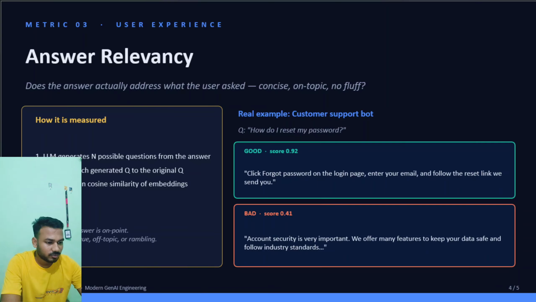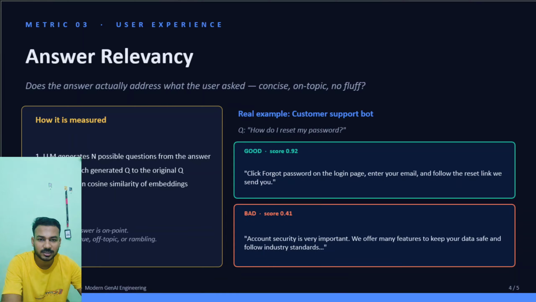The answer provided by the LLM may be correct, but it is not addressing what I asked. So here answer relevancy comes into the picture. If the answer is not relevant to the question asked, then the performance of the chatbot is very poor.